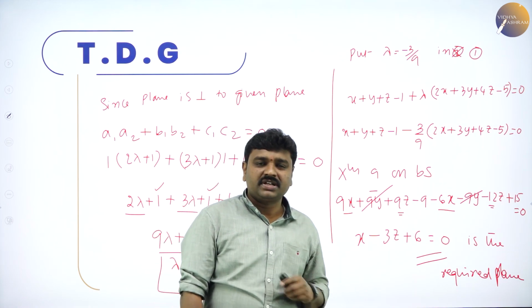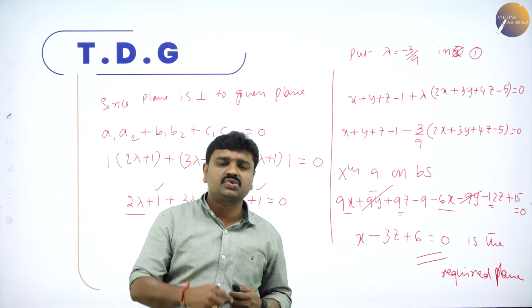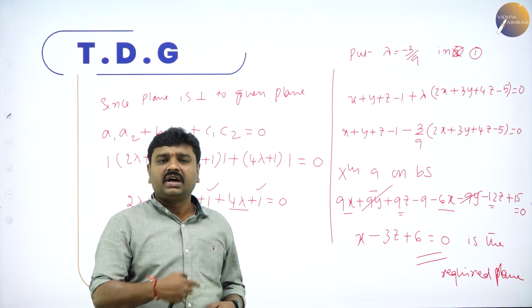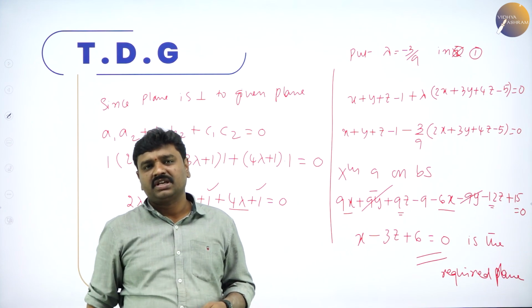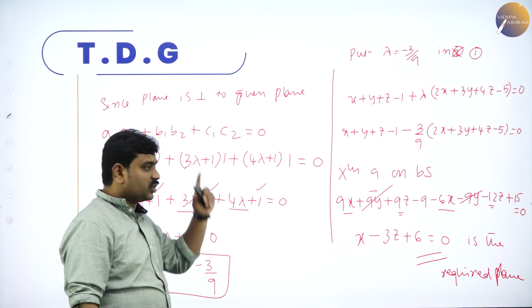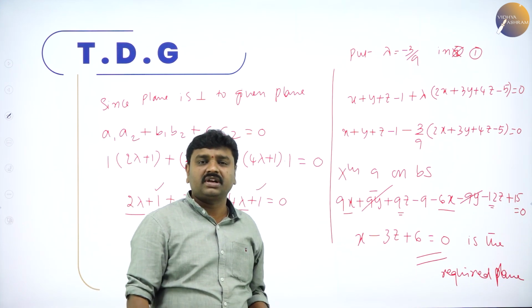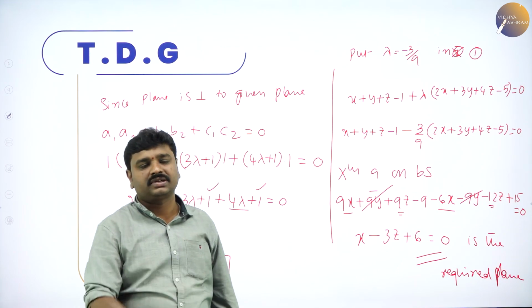So write the plane in ax plus by plus cz equal to d form and get a, b, c. From that pick a, b, c and do the operation A1A2 plus B1B2 plus C1C2 equal to 0, because they are perpendicular. From that you will get lambda. Substitute the lambda in the given plane, and you will get the required answer.